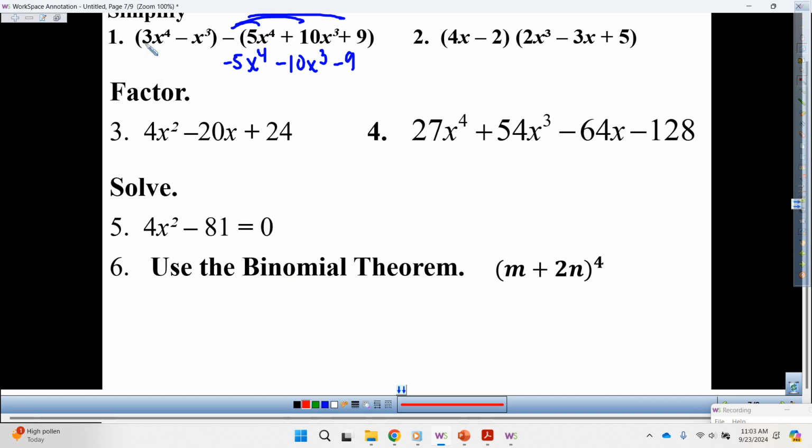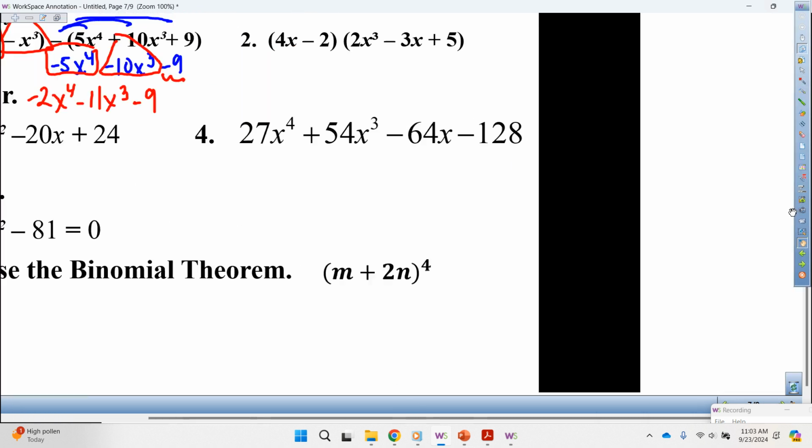Yes, Mr. Q. Combine. 3x to the 4th and negative 5x to the 4th is negative 2x to the 4th. Next, negative x cubed and negative 10x cubed, that's negative 11x cubed. And at the end, minus 9. Hands if you got that. All right, good. Let's go to number 2.